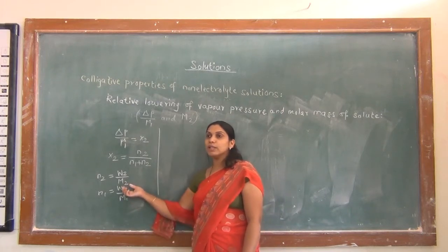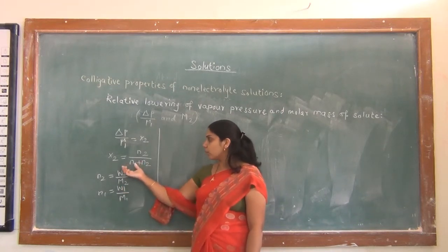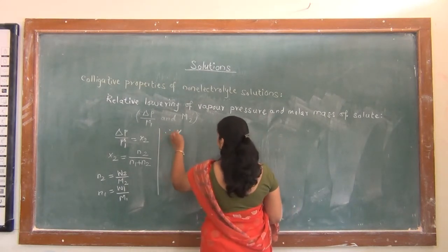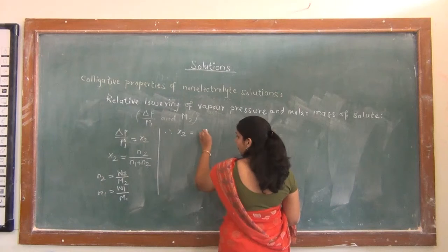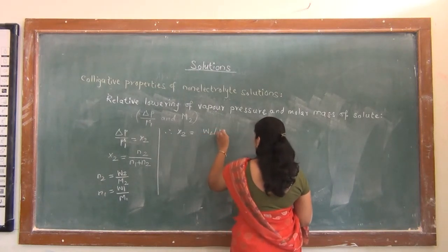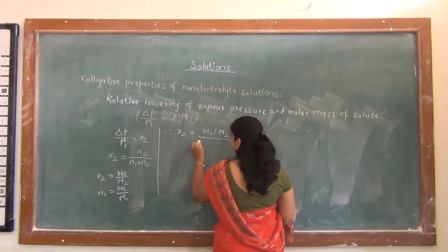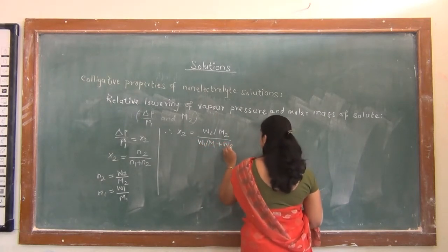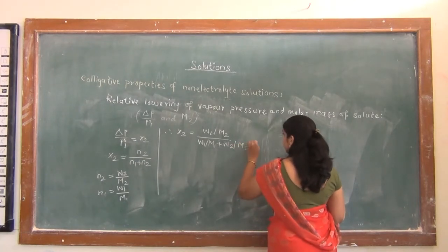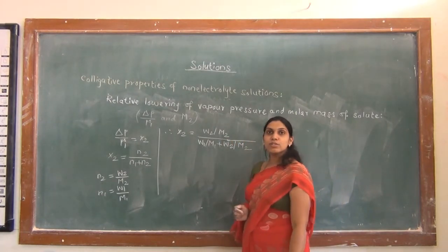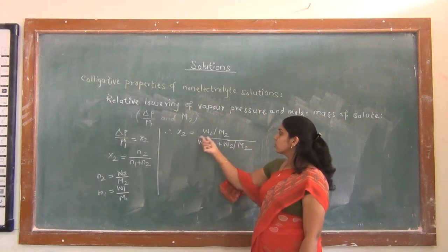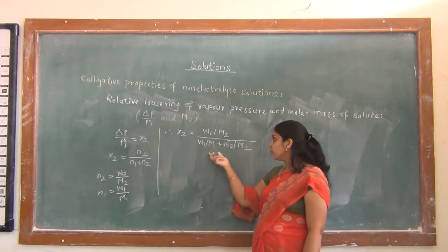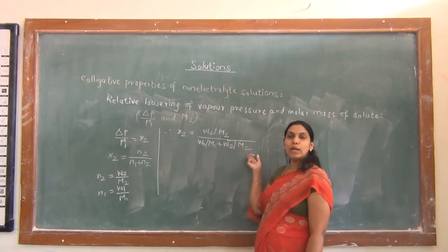We will put these values of n2 and n1 in the above equation of x2. So for x2, what we get is W2 by M2 upon W1 by M1 plus W2 by M2.